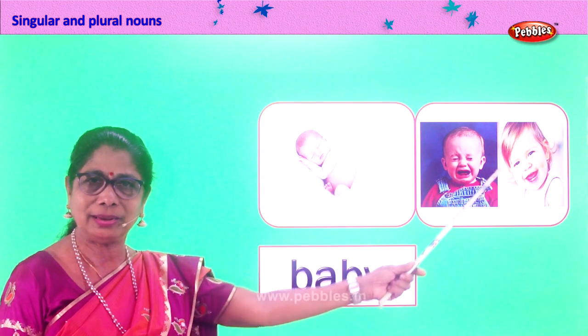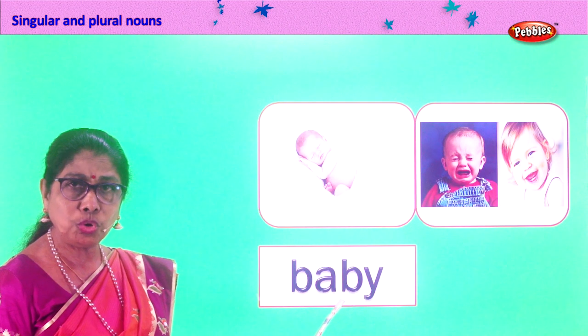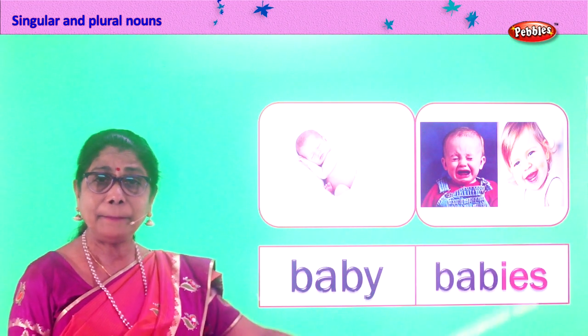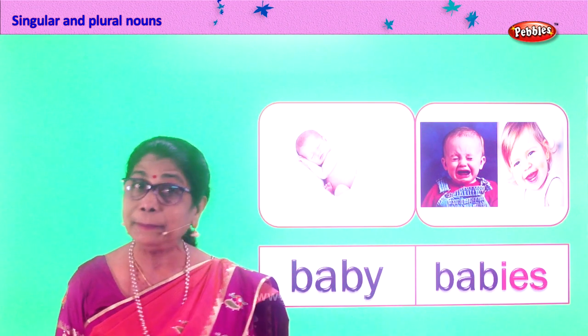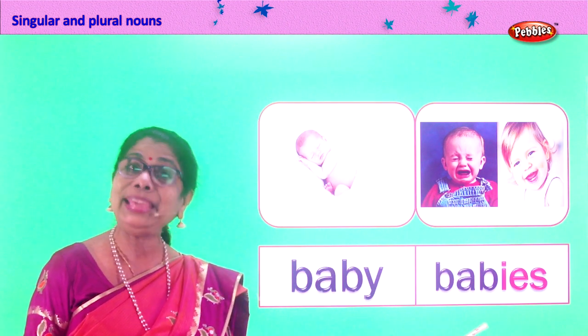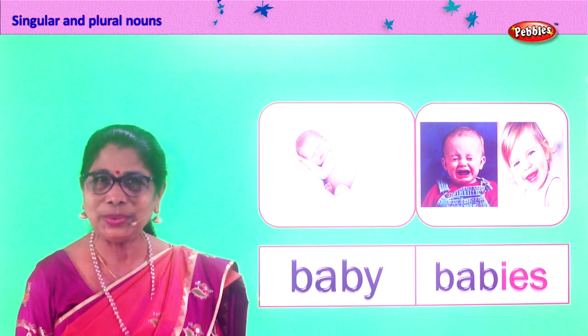So, singular form, baby. Plural form, we take away Y, add IES. B-A-B-I-E-S. Babies. Baby, babies. Yes? Did you enjoy?